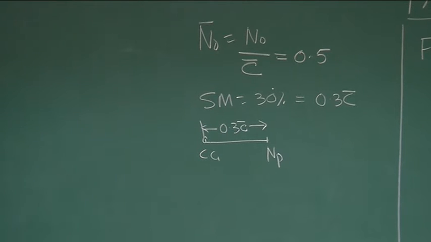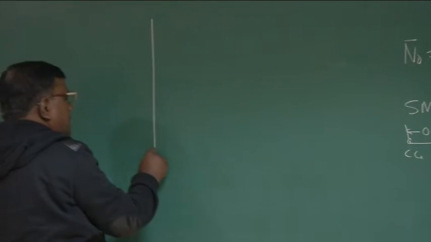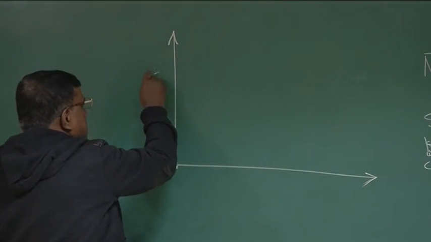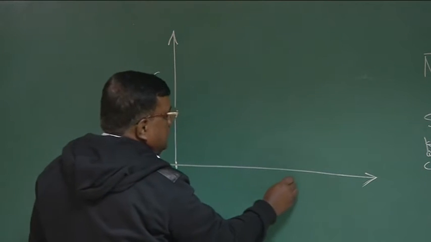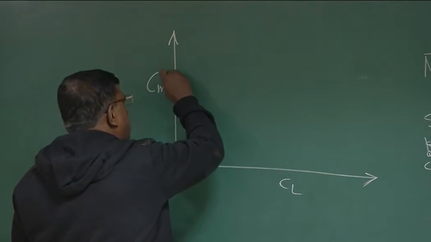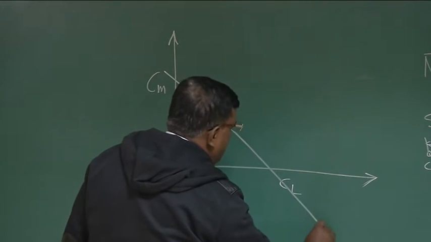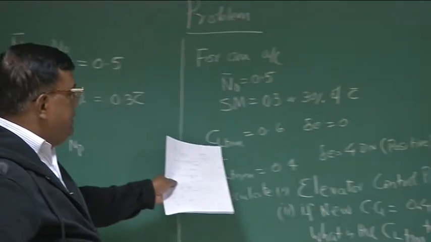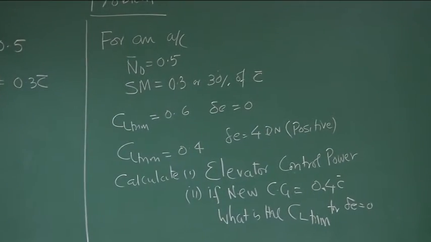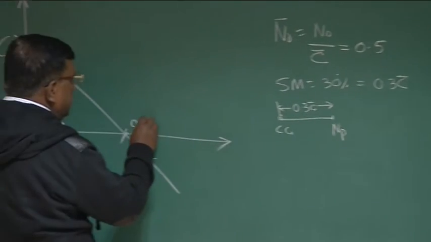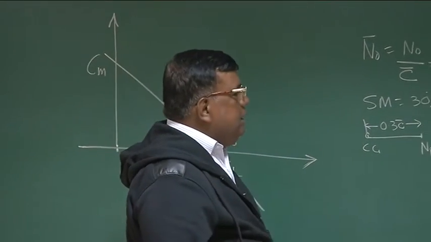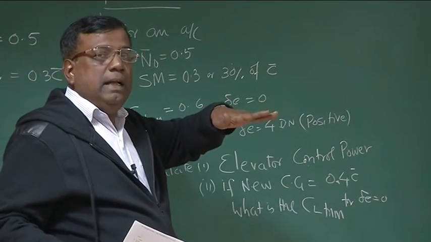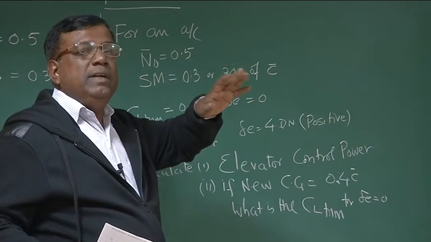Then CL trim is 0.6. Let me draw this problem: this is CM and this is CL. It says that CL trim is 0.6, so I mark here 0.6. And what further does it say? When I trimmed the airplane at that CL, I did not require any elevator deflection.